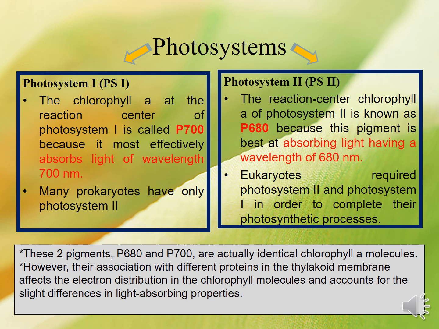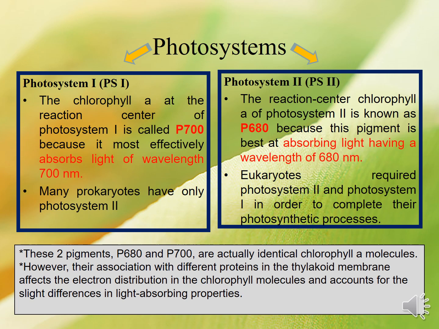The chlorophyll at the reaction center of photosystem 1 is called P700, which is why we call it P700 for PS1, because it most efficiently absorbs light at the wavelength of 700 nanometers. Different from photosystem 2, the chlorophyll at the reaction center of photosystem 2 is not called P700, but P680.